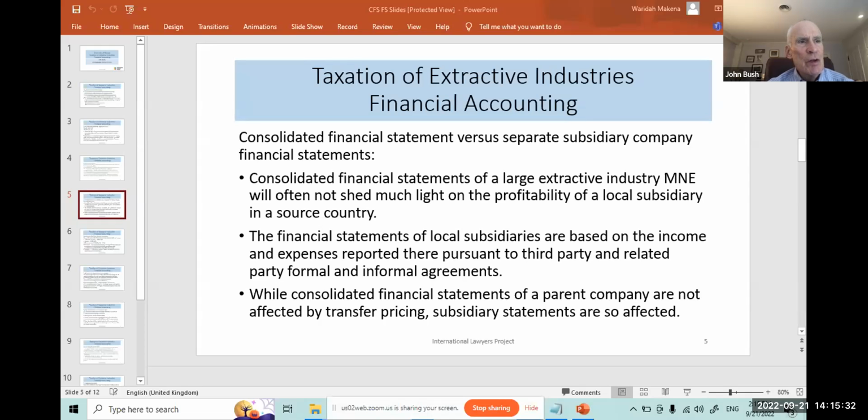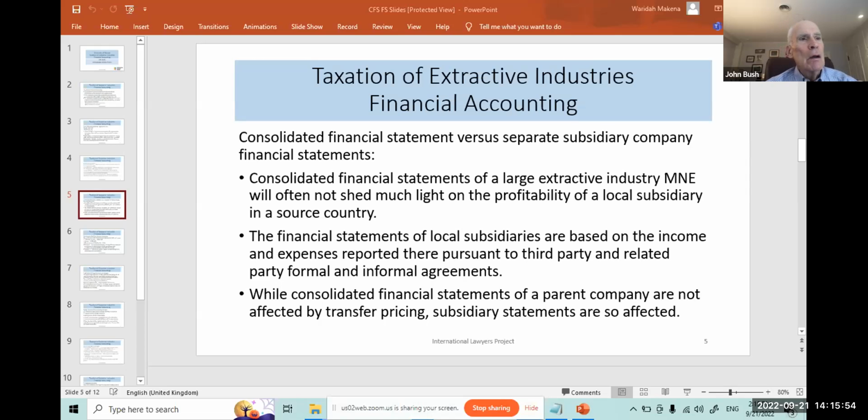And the statements of the subsidiaries are just for the operations that that particular subsidiary has. Typically, the subsidiary operates only in one country, although in some cases the subsidiaries are large and also operate in multiple different jurisdictions.